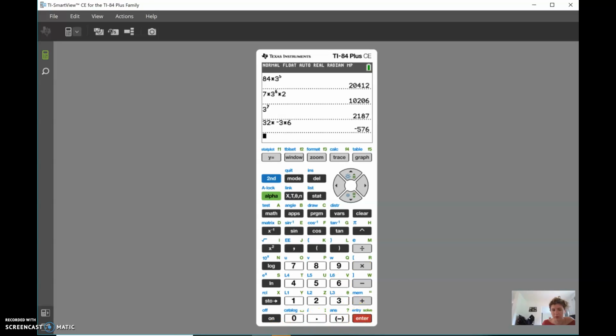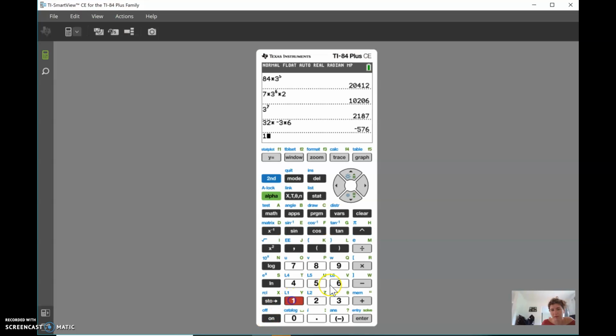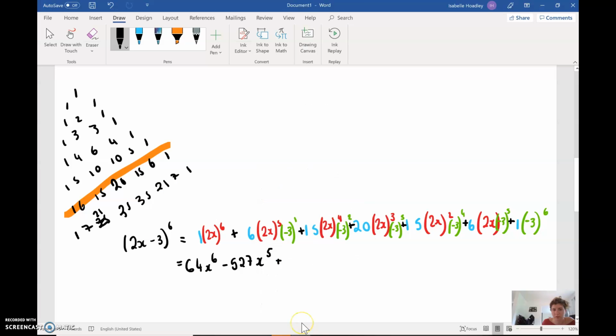Okay, negative 527 x to the power of 5. Okay, we're then going to take this one's a square, so this one's going to be positive. So we have 9 times 16 times 15. That's going to give us 2,160.